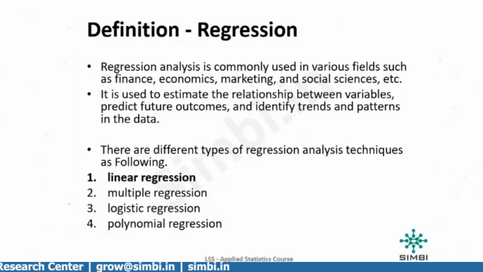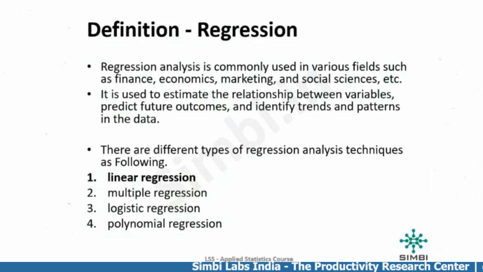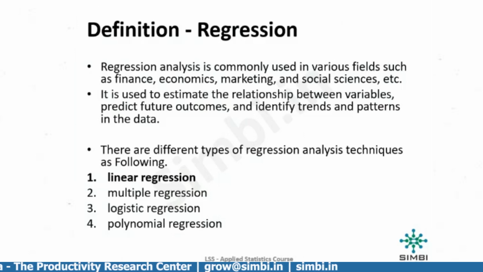Correlation is the measure of the degree and direction of relationship between two variables. But in regression we are measuring the nature and extent of the average relationship between two or more variables. That is the difference between correlation and regression.